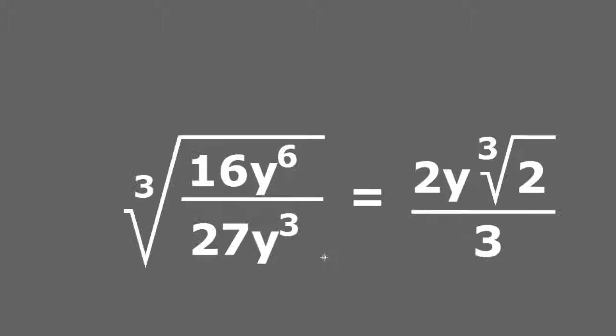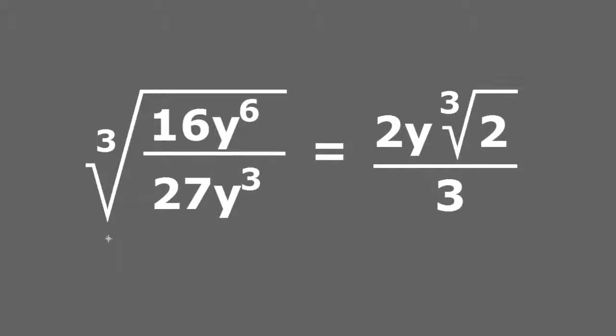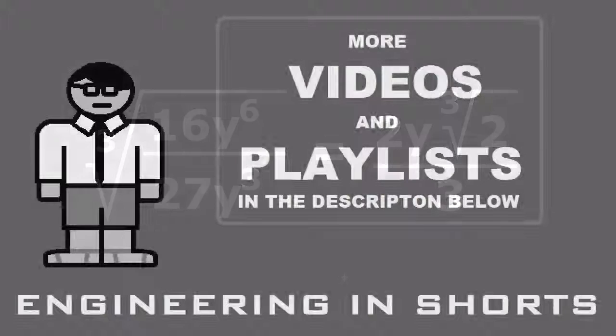So in the end, remember, we started with the cube root of the number 16 multiplied by y to the 6th power, and all of that divided by 27y cubed. And all of that simplifies to 2y multiplied by the cube root of the number 2, and all of that divided by 3.